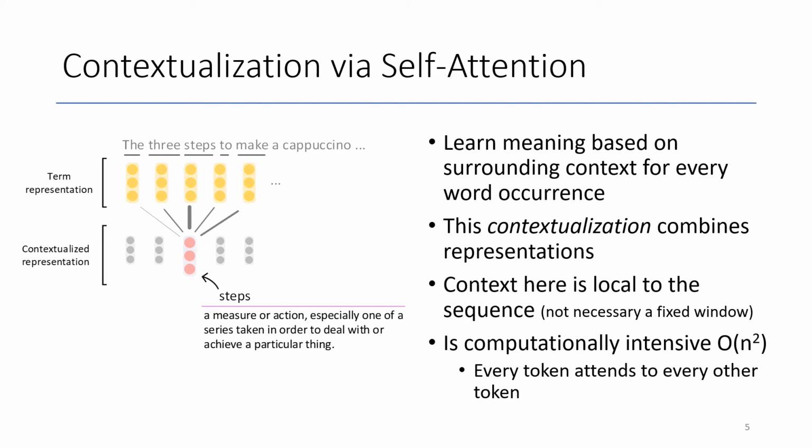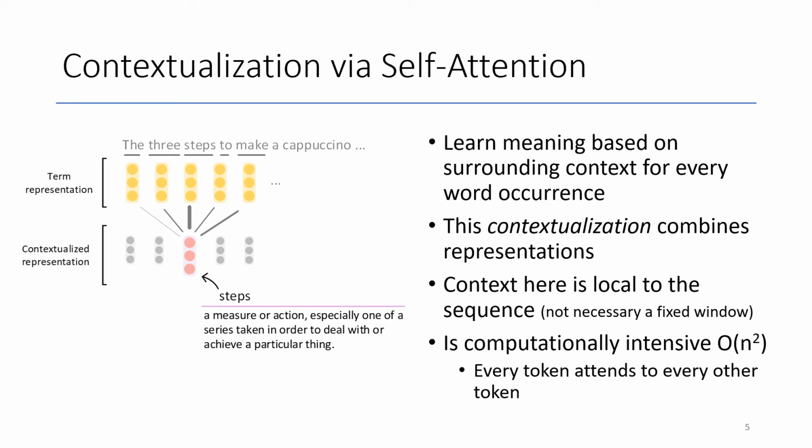But now we have a second layer underneath that: the contextualized representation, where each vector corresponds to a combination of all the vectors in the sequence. And now the problem is how to learn this combination for our words.